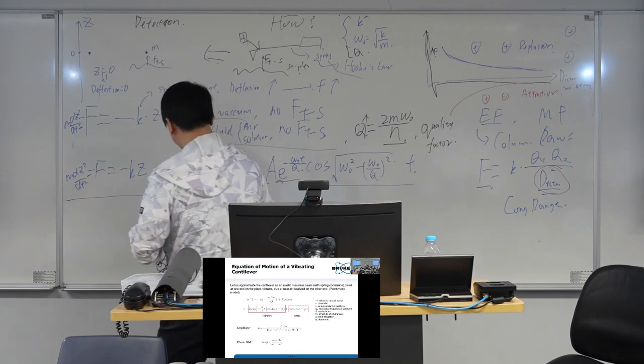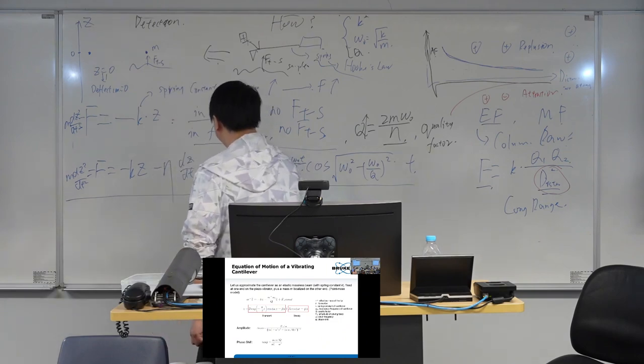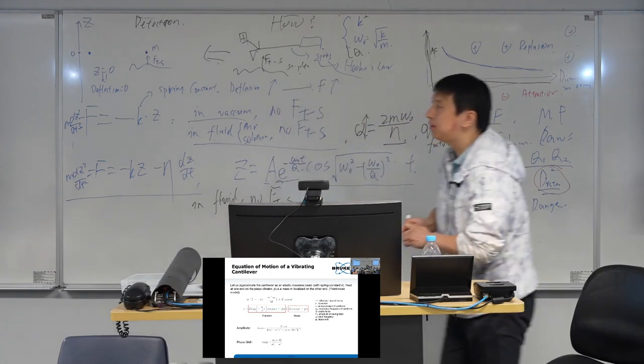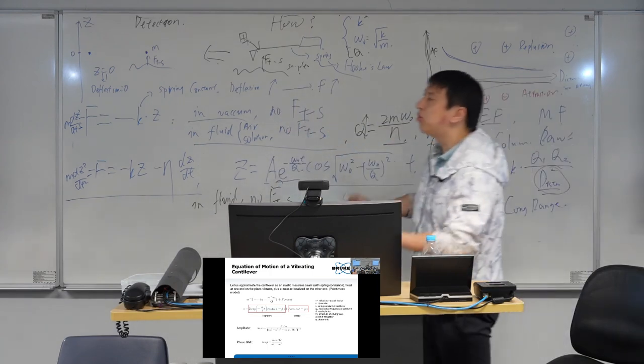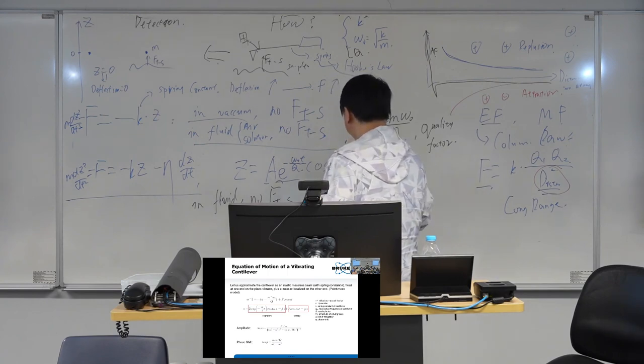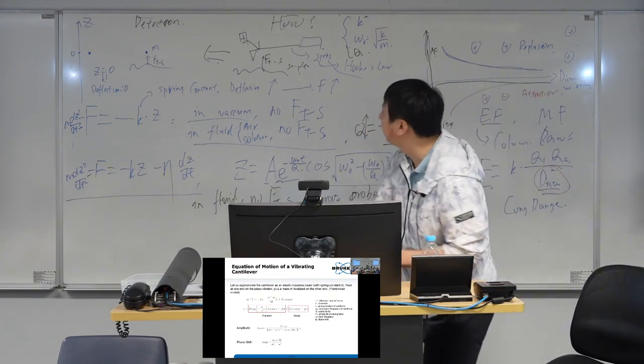What's next? So we are in fluid. We don't want any interaction force. But at this time, we want to vibrate our probe. Why do we want to do this step?